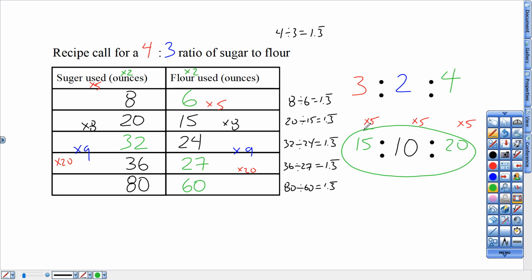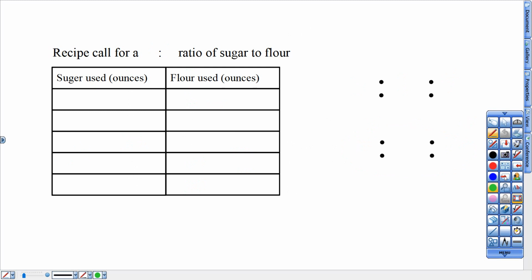All right, I'm going to have you do this set on your own. I'm going to have you fill in these numbers. This is going to be 5 to 2. The first number in the box I'm going to give you is going to be 12 right here.